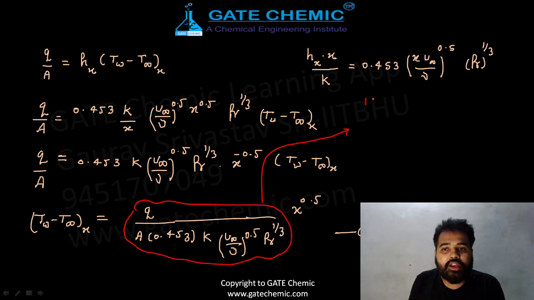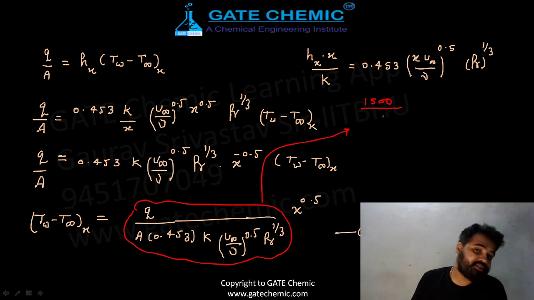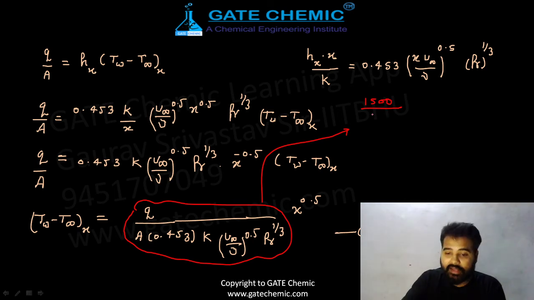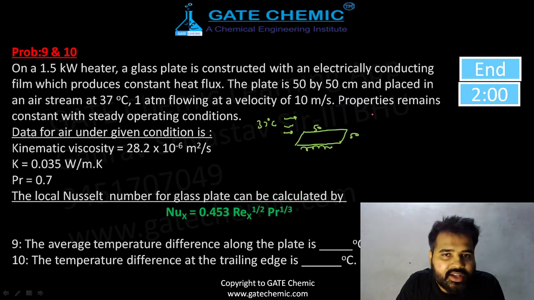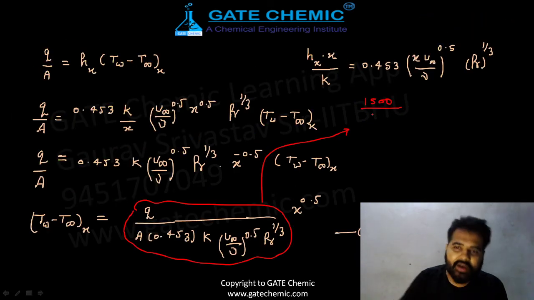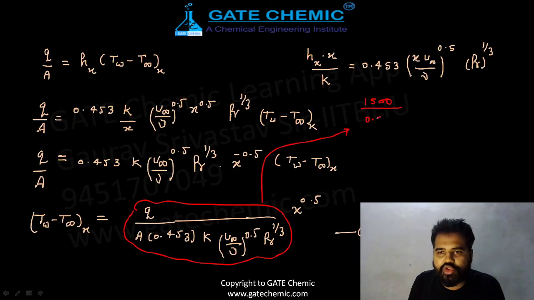q is 1500 and what is the area? कितना था? What is the dimension of my beautiful plate? 50 by 50 centimeter. That means 0.5 into 0.5 will give you 0.5 square, divided by 0.453 into k.